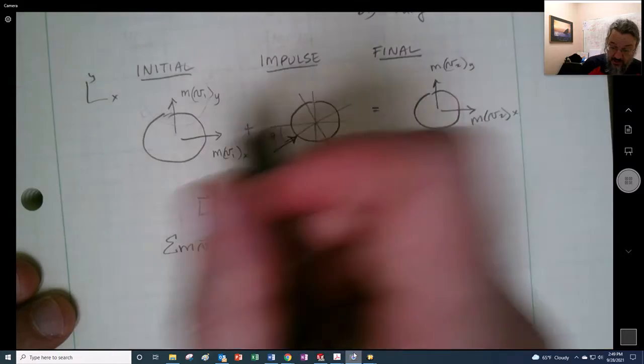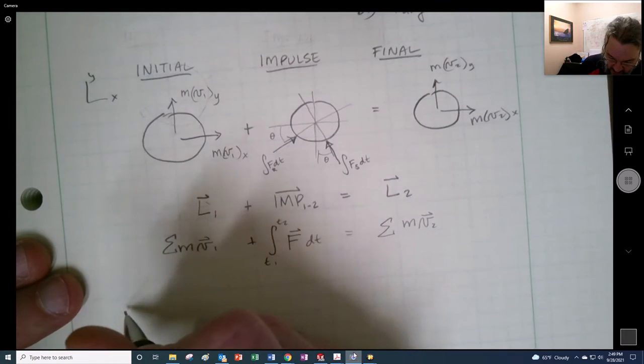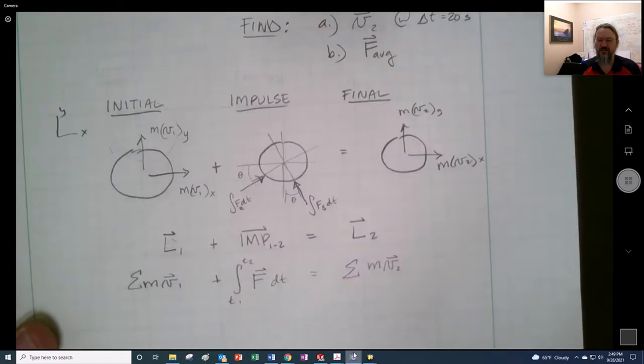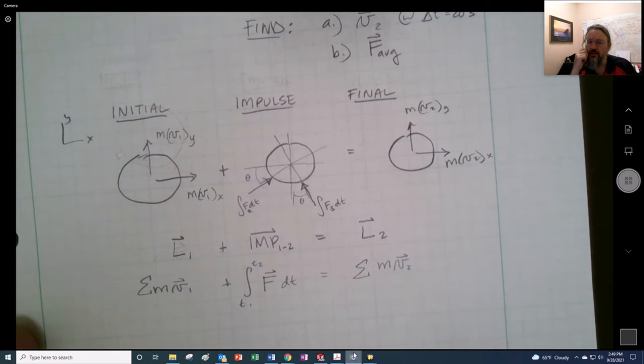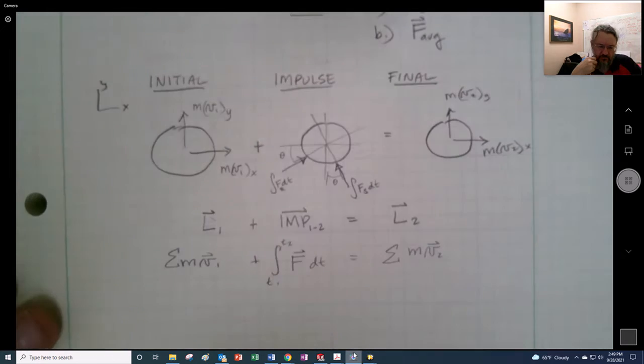Okay, now from here, we want to try to write it. I might do a little bit of stuff in the initial, just because it might make it easier to write this out.